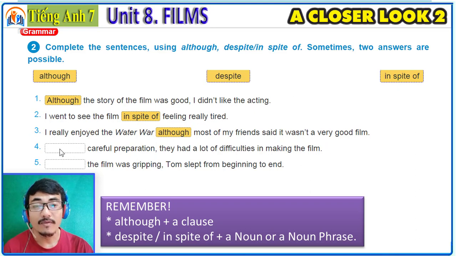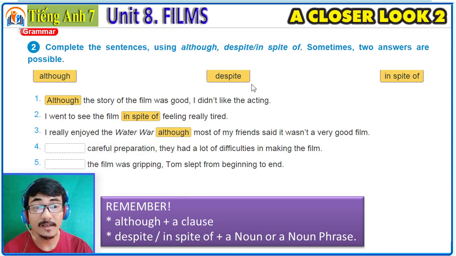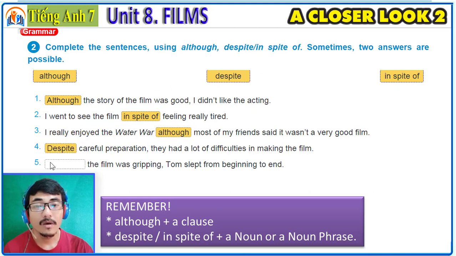Okay. Number 4. Careful preparation. They had a lot of difficulties in making the film. Careful preparation, yes, it's a noun phrase, so we use despite or in spite of. Despite careful preparation, they had a lot of difficulties in making the film.